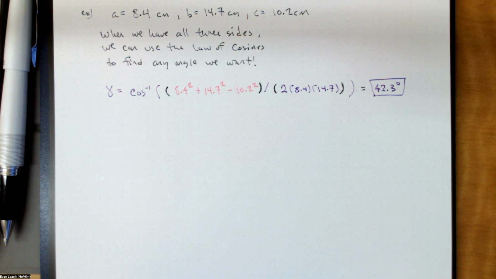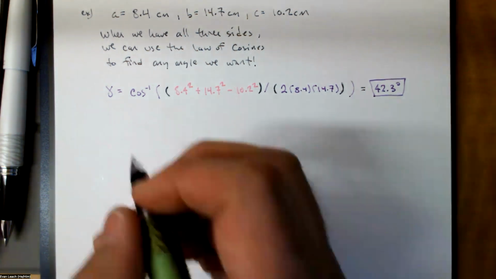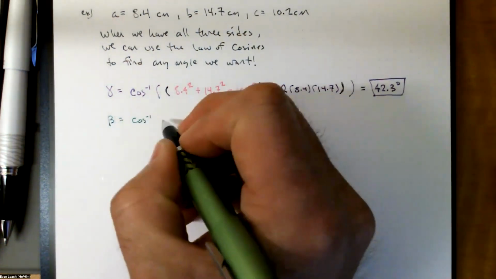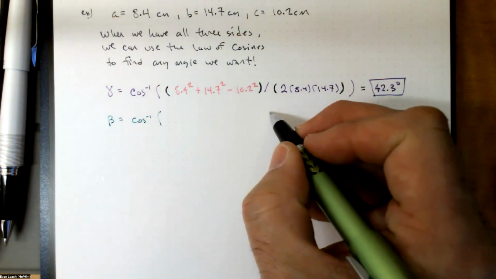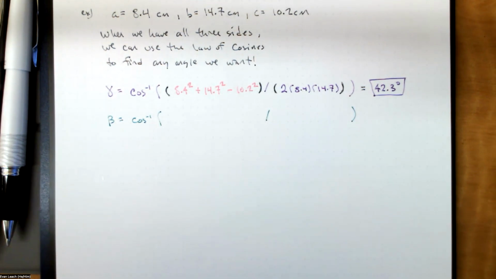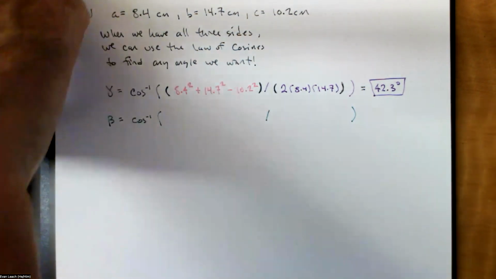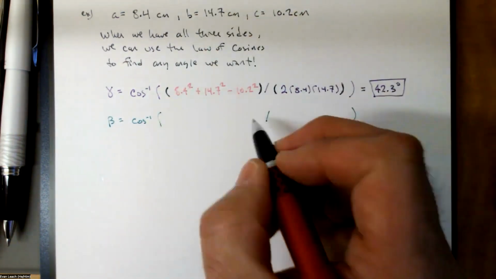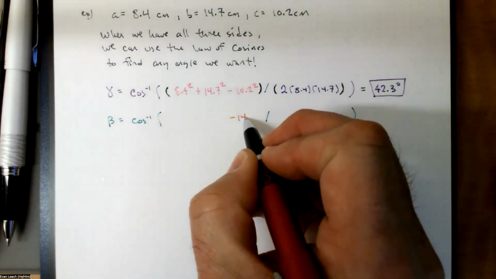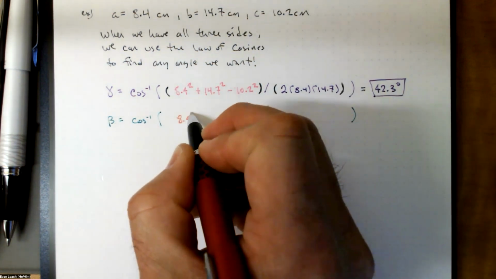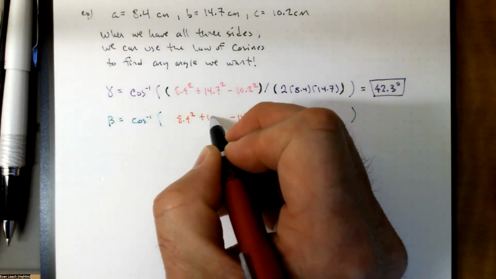Maybe we don't want gamma first, we can find beta first. If we're looking for beta, then it's B that's going to be the negative one in the numerator. So it'll be a minus 14.7 squared. And 8.4 will be positive, and the 10.2 will be positive.